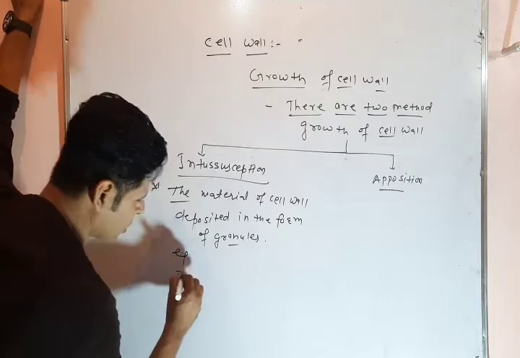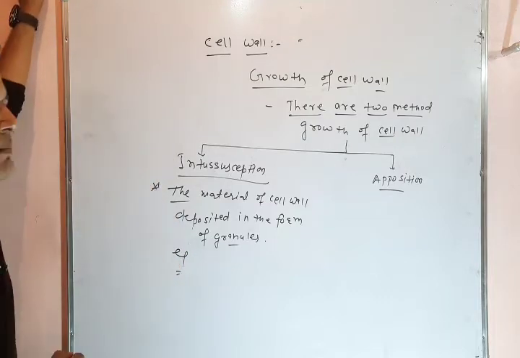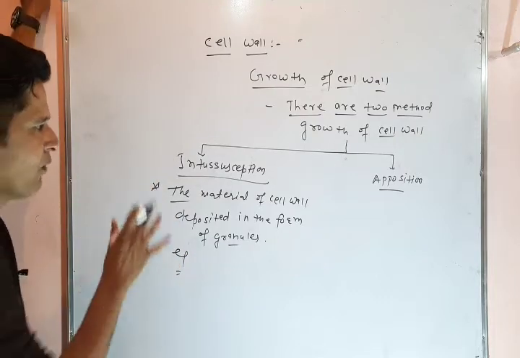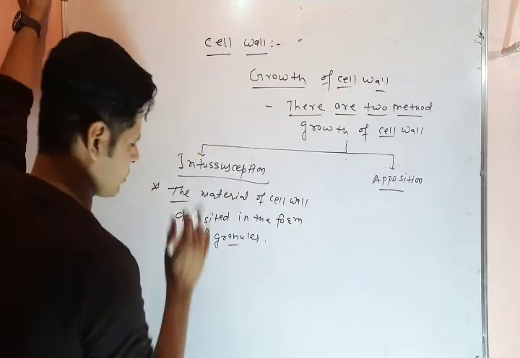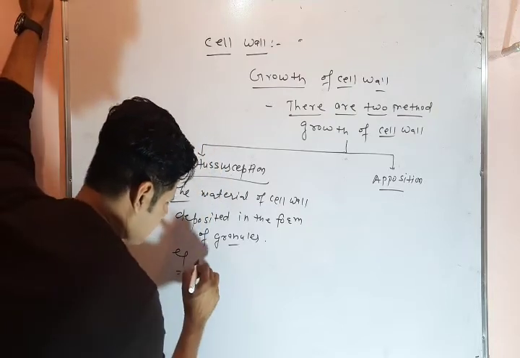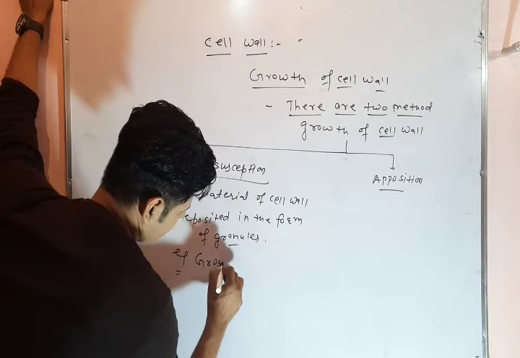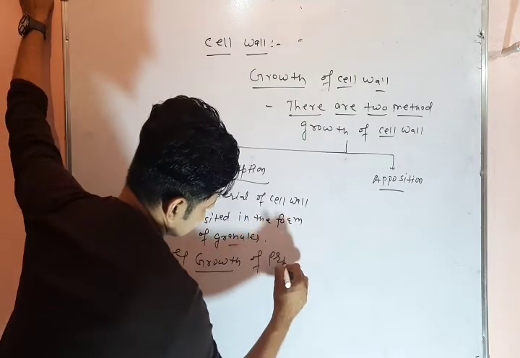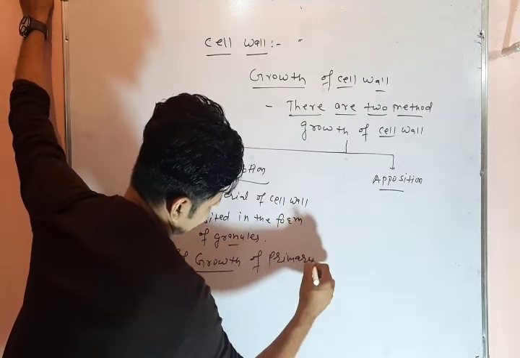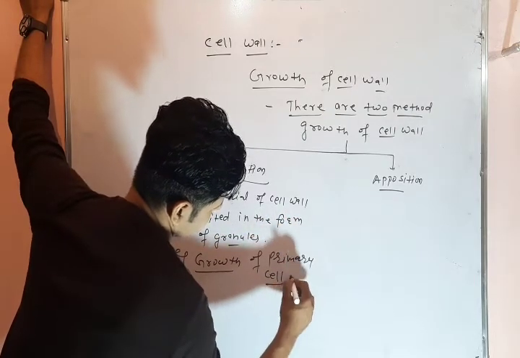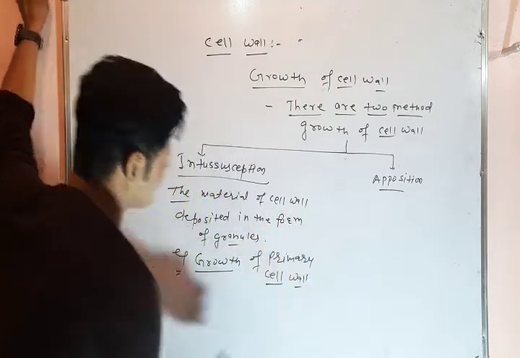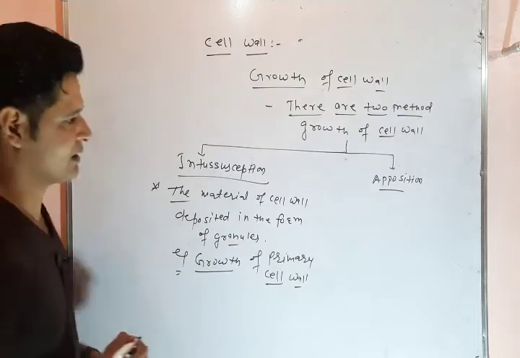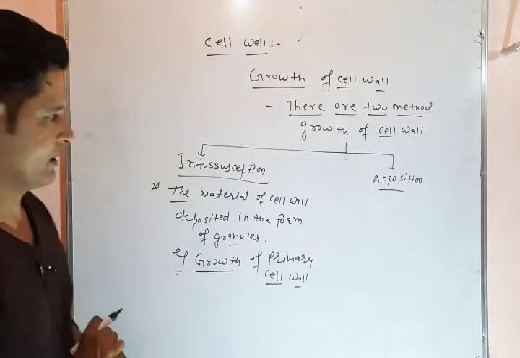Example: the growth of the primary cell wall is an example of intussusception growth.